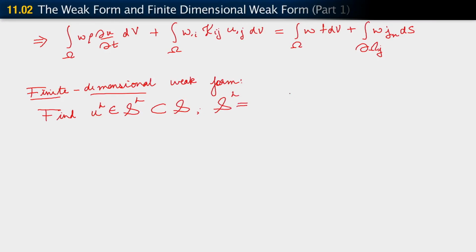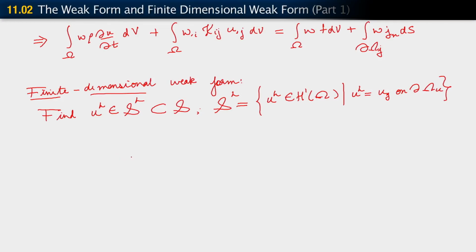S^h now is a collection of all functions of the type denoted u^h, which as before we will expect to come from H1 on omega. So the spatial dependence is going to be the same. Even in the time dependent problem, we are assuming that the approximations we are going to construct will have the same dependence that we know from before on the spatial variable. Okay, so we have this u^h equals u_g on the Dirichlet boundary. So find u^h given this.